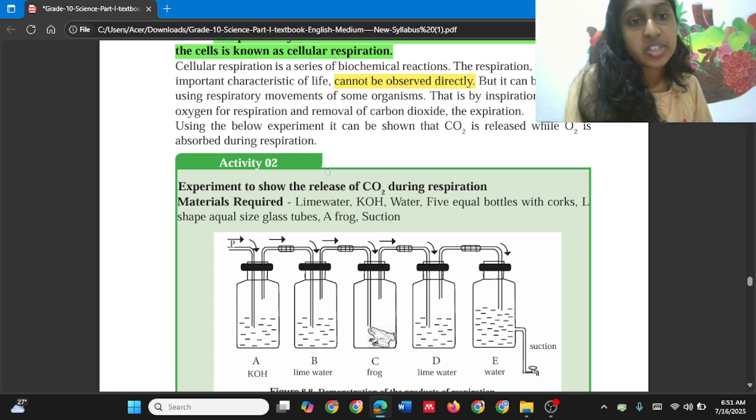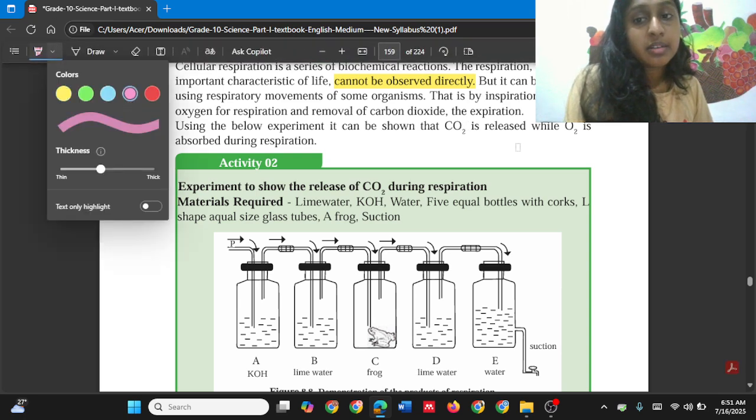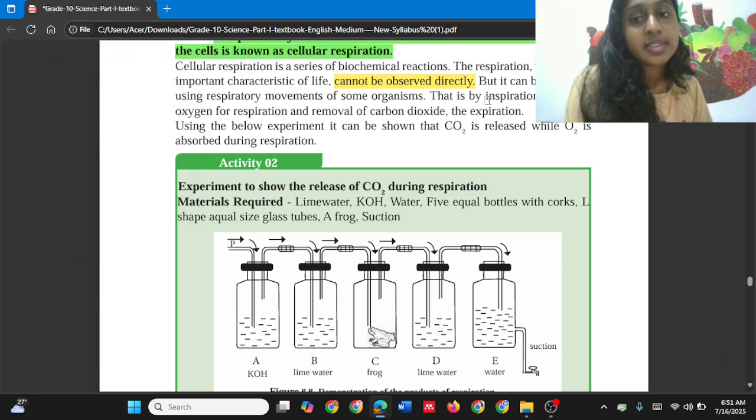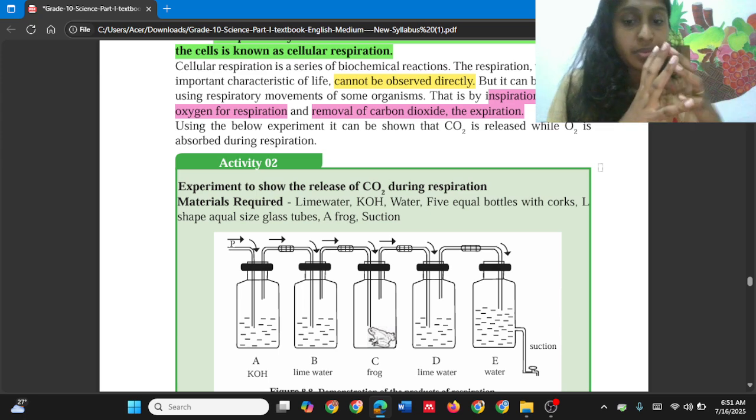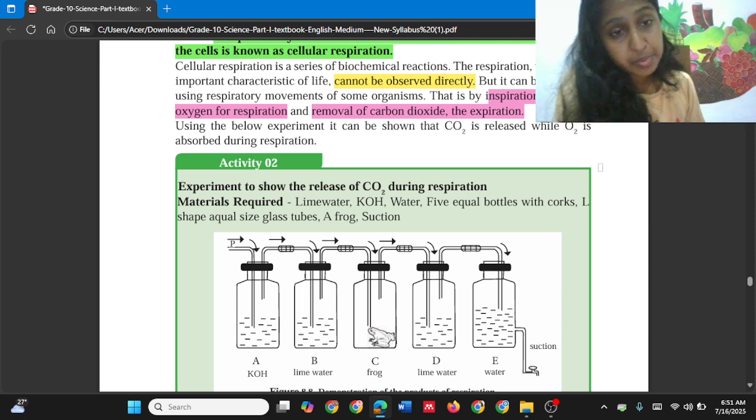That is by inspiration, intake of oxygen for respiration, and removal of carbon dioxide, the expiration. Even though we cannot see the process inside, if we observe that oxygen is actually taken in and carbon dioxide is actually exhaled, we can conclude from the respiratory movements that the person is definitely carrying out cellular respiration.